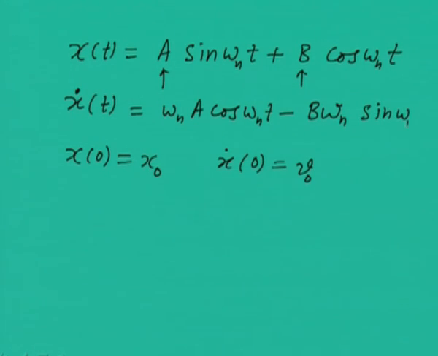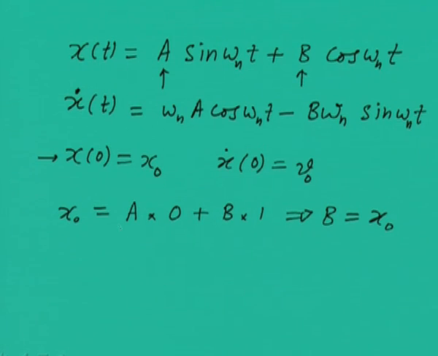This is the velocity term. Now we will substitute this in the first equation, so we will get x naught equal to A sine 0, which becomes 0, plus B cos 0, which becomes 1. So from here we are getting B is equal to x naught.